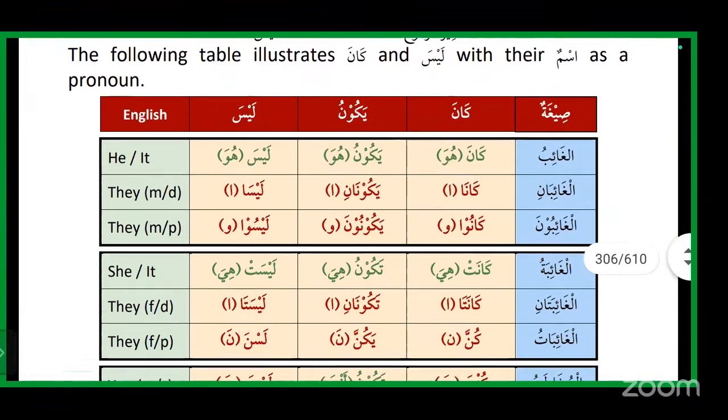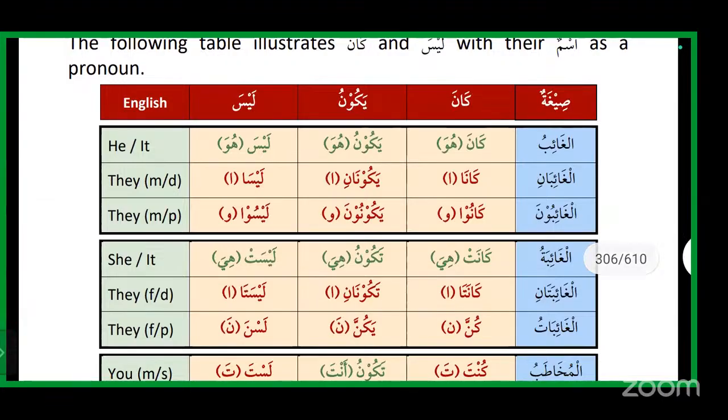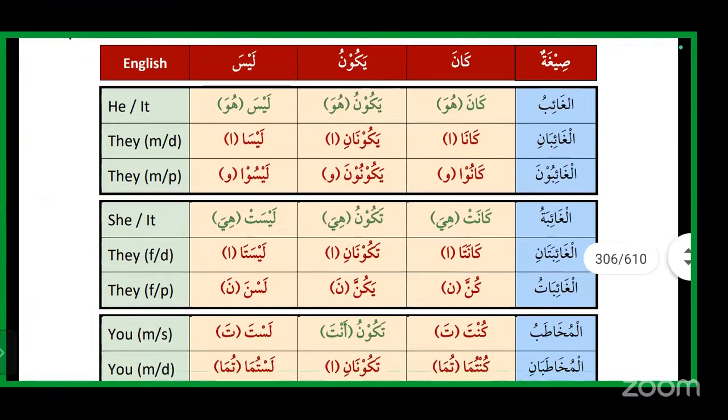For example, kana, yakunu, laysa. So you can see that for kana, the first siga has the damir mustatir, which is huwa, and for siga number 4, kanat, also the damir mustatir huwa.